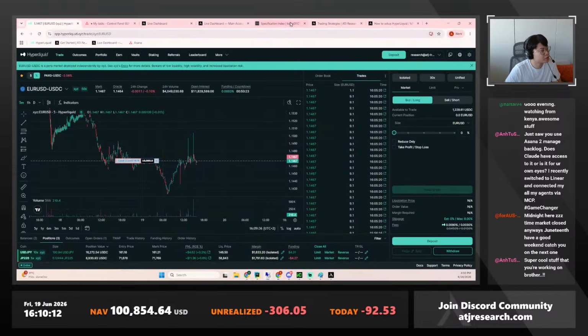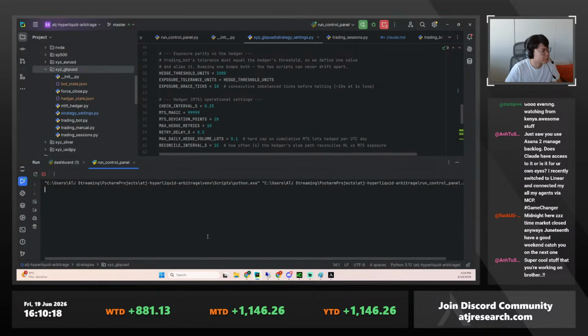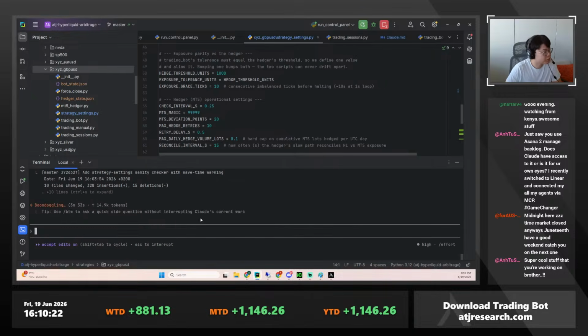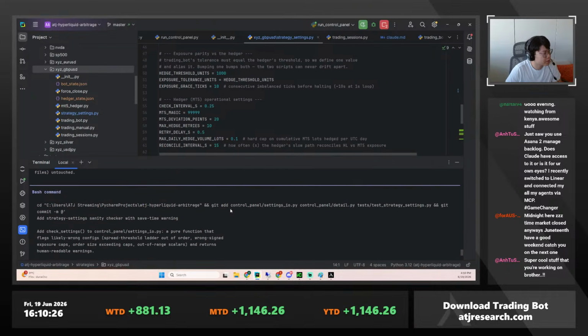So we're still $200 off. Probably I should have closed it, right? But we can go back to PyCharm here. And so first we have to fix a force close. So probably I will still close the position.